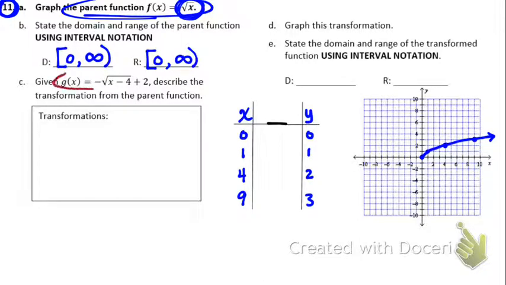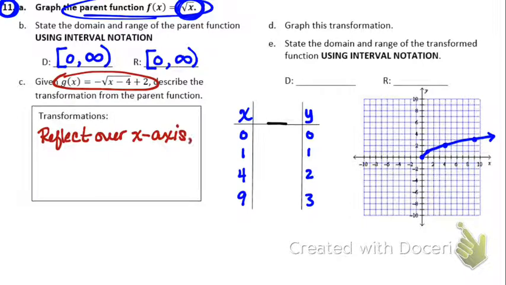All right, now I've got this transformation here. Can you describe it for me? What's going to happen? What'd you say? Reflect. Reflect over what? The x-axis. What else is going to happen? It's going to go up 2. Anything else? To the right 4.